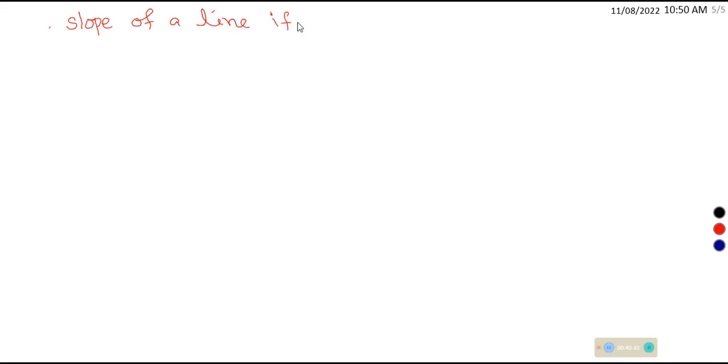If we have 2 points, let us see how to find slope. What is the formula to find the slope of any line if we are given 2 points?